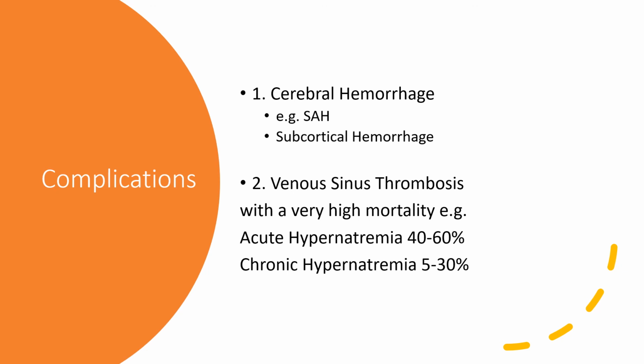However, the value will be a little bit decreased in chronic hypernatremia, but we don't want anybody dead, right? So in chronic hypernatremia, venous sinus thrombosis could lead to mortality in 5 to 30% of affected individuals. So the complications are very horrible.